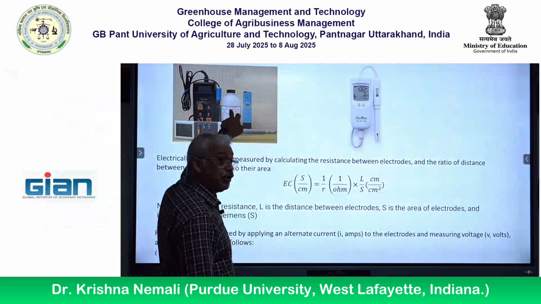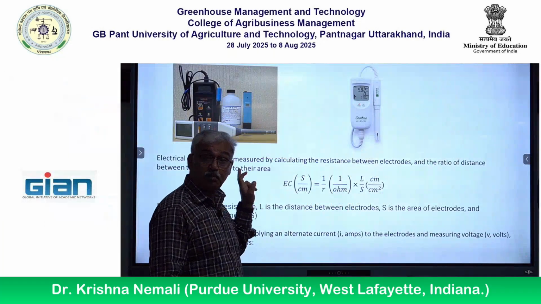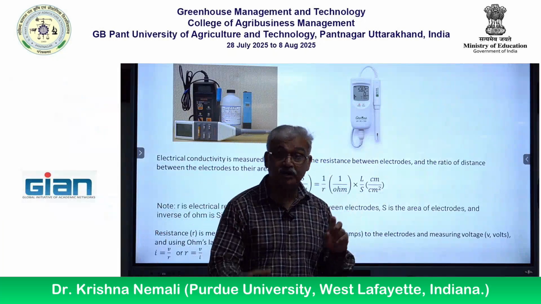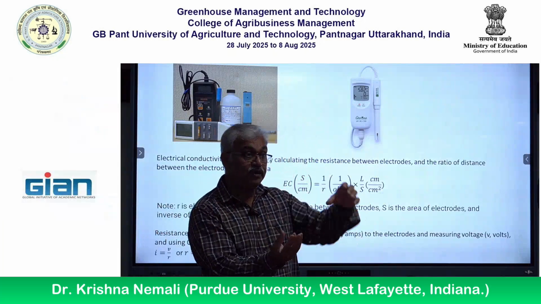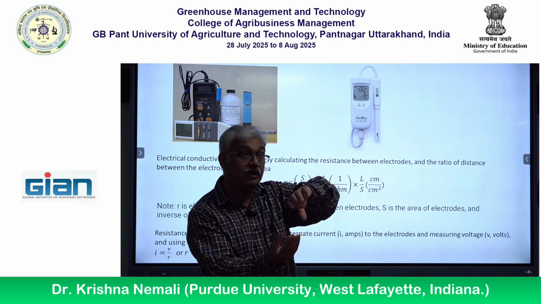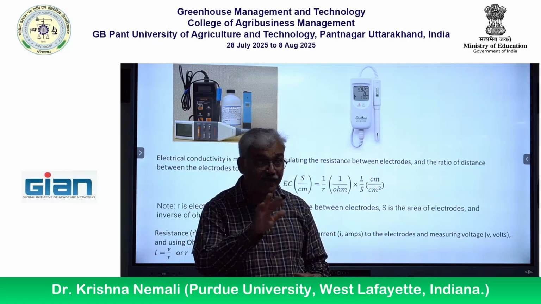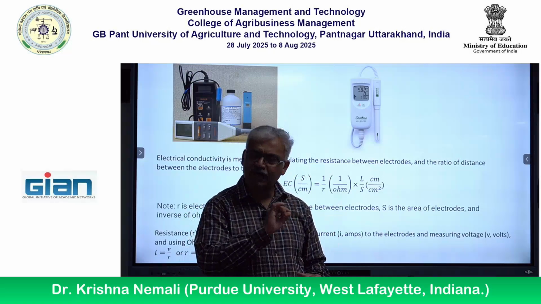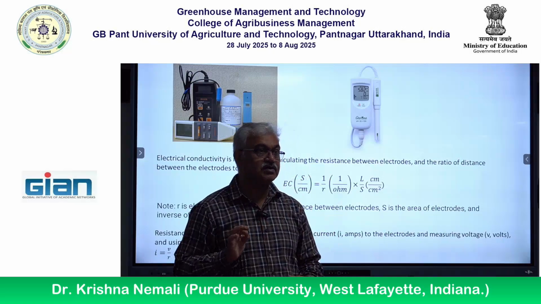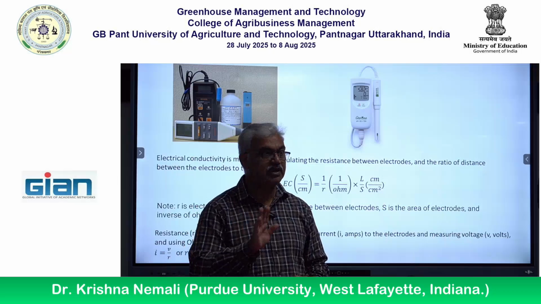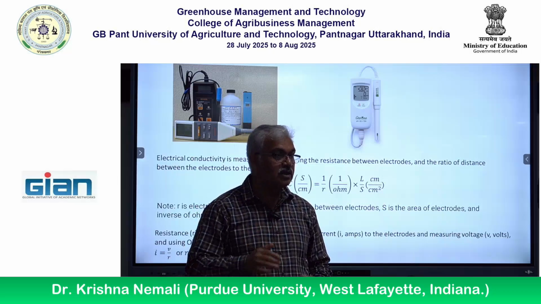Now you don't want to put it into that bottle. If you do that, you are polluting that standard. You want to take a small beaker, pour that solution into that beaker, and put your EC probe into it. It will never read exactly what the standard is, but if it is within 5%, its calibration is good. Otherwise, you have to adjust some.